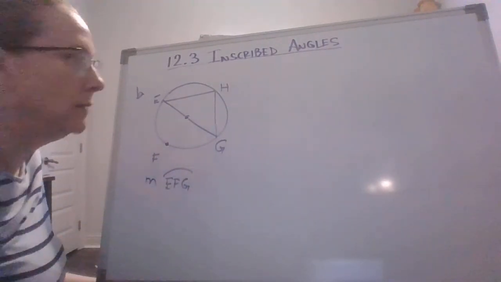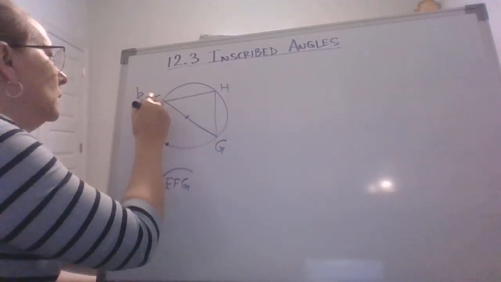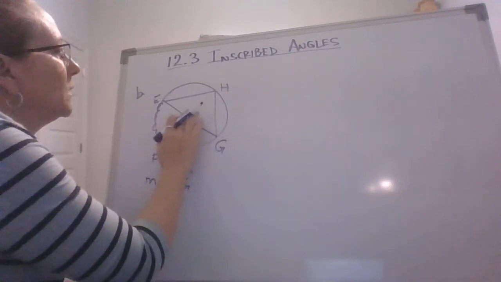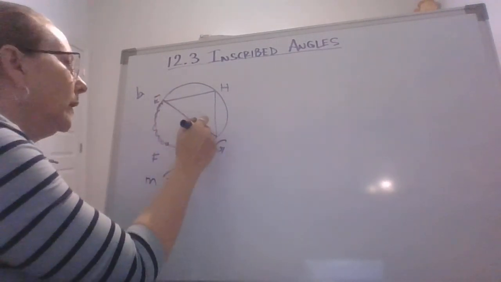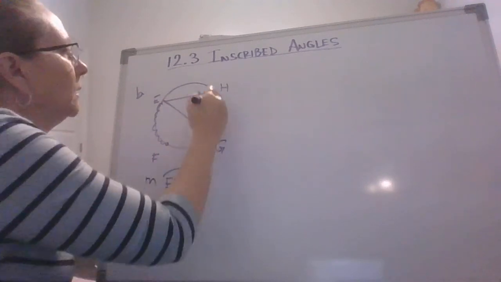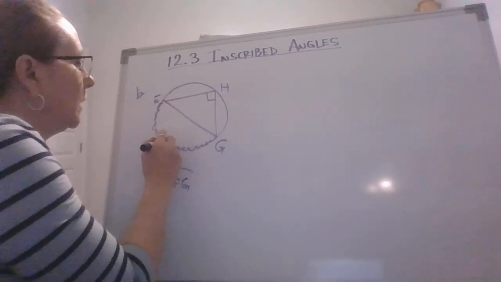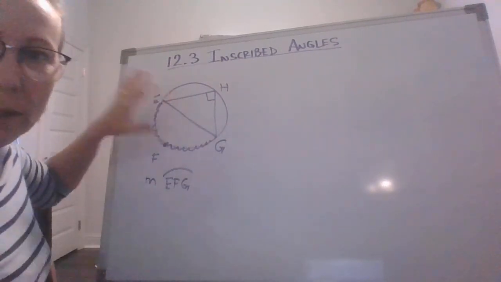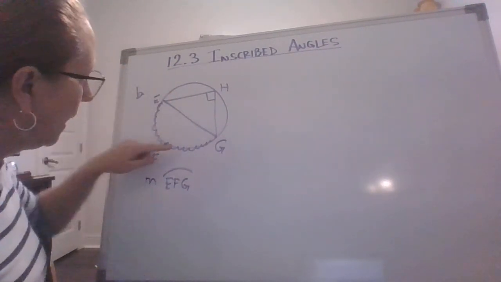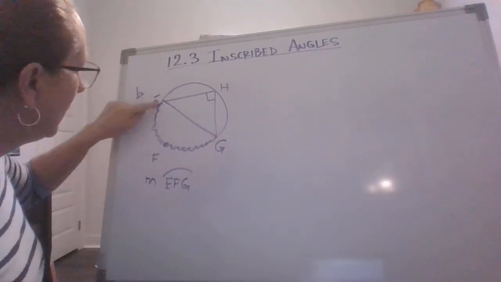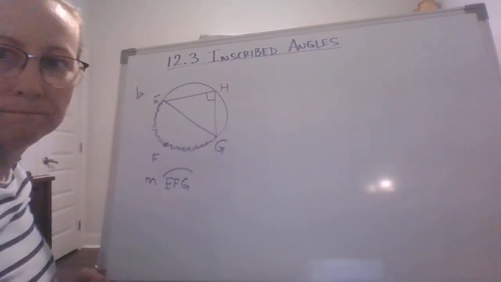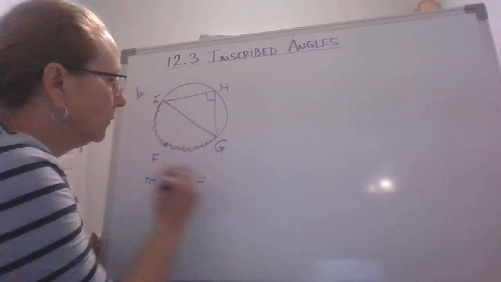Well, let's look at EFG. Excuse me, I wasn't supposed to put that there. All right, this is supposed to be here. Okay. So, picture as it's given, I highlighted the arc EFG. And now we're looking for its measure.